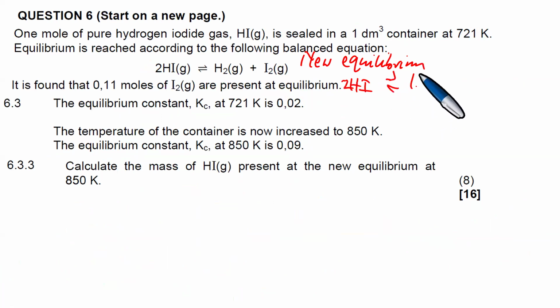But if we say 2 moles of hydrogen iodide, 1 mole of hydrogen, 1 mole of iodine, these are just relative numbers of moles, 2:1:1.